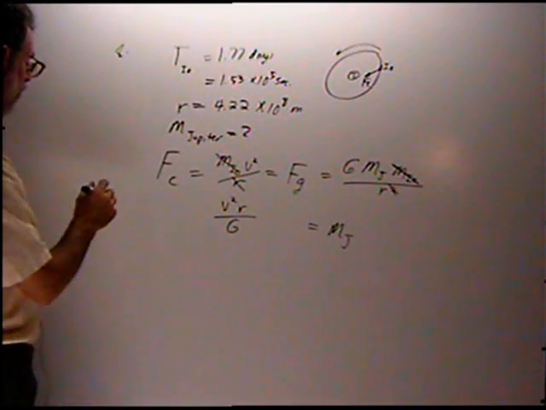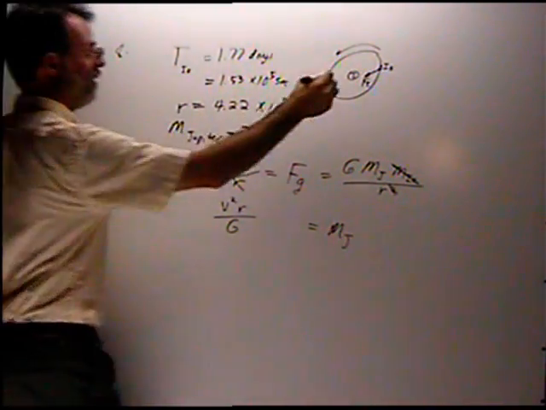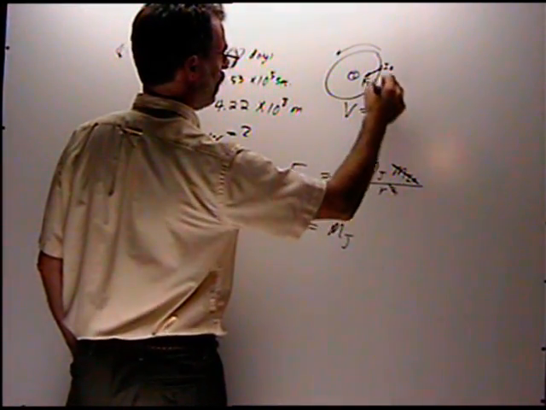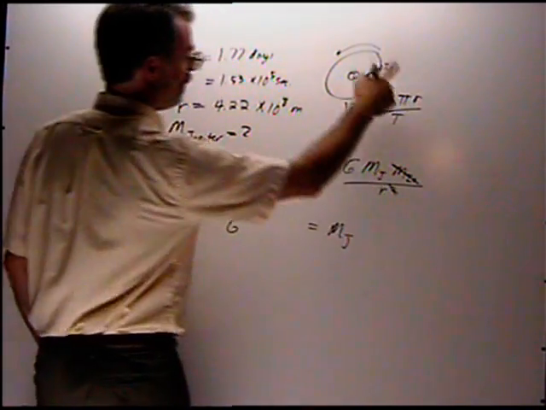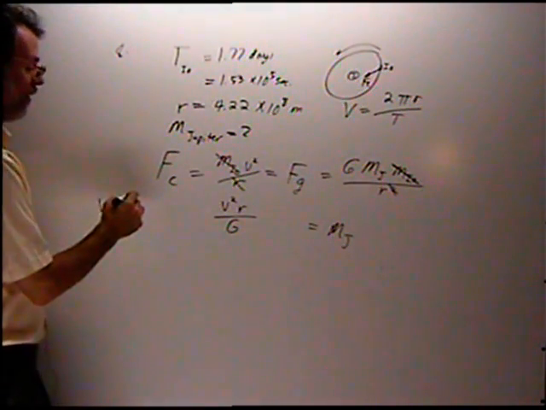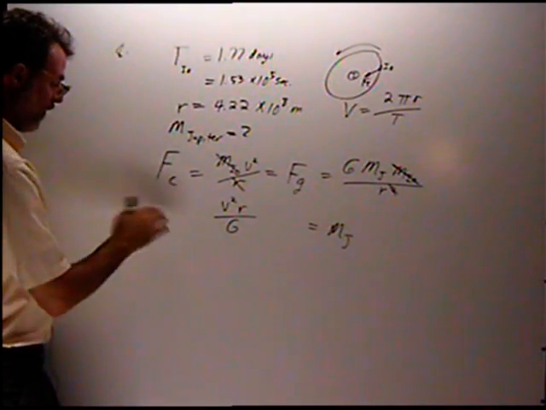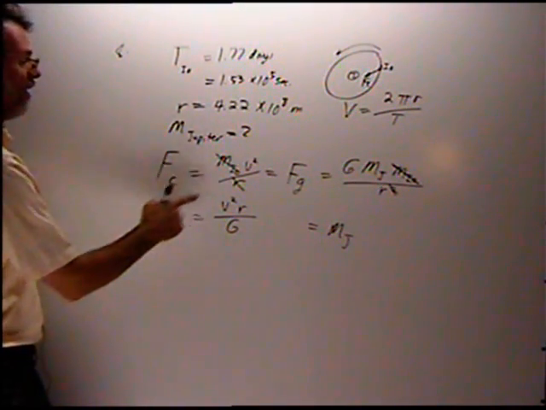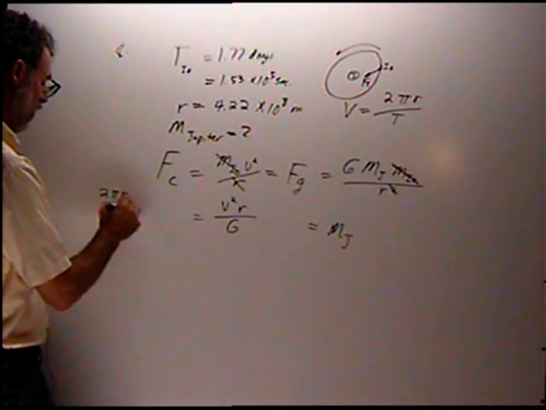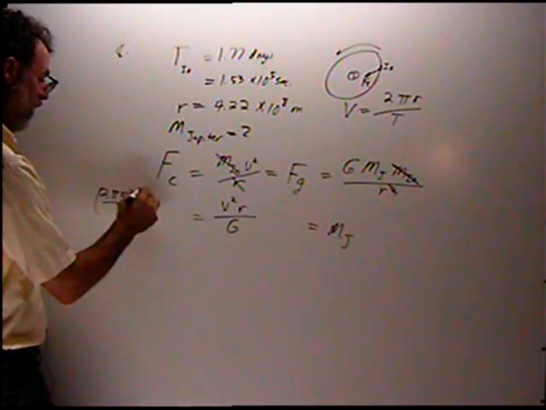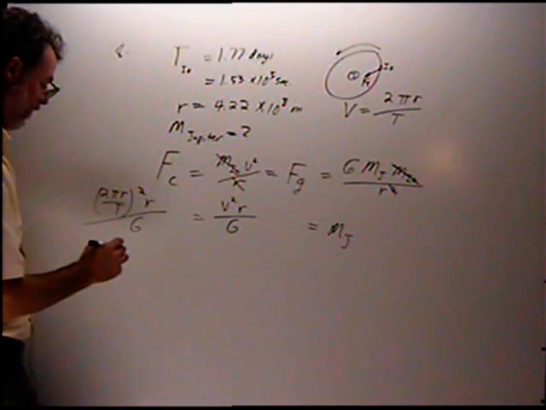So we can substitute in, because we know that the velocity is the circumference, 2 pi r divided by the period. So if I do 2 pi r over period, and I square that, multiplied by r, divided by G.